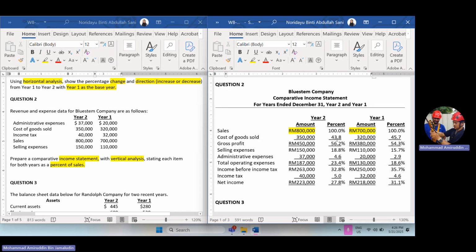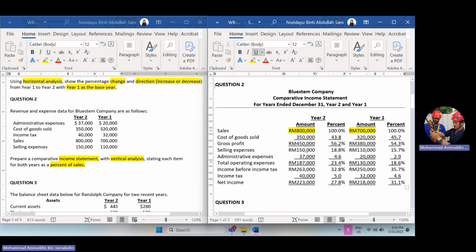Next, gross profit. 450 over 800. Always use the sales, because it is stated here, both years as a percent of sales. So everything divided by sales. 450 divided by 800, I get 56.2. 150 divided by 800, I get this. 37 divided by 800, we get this.